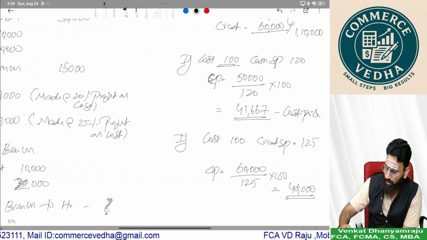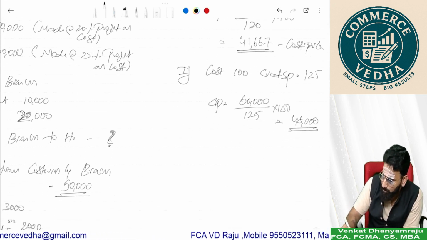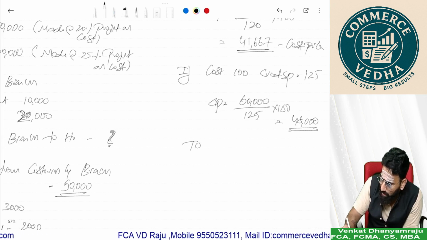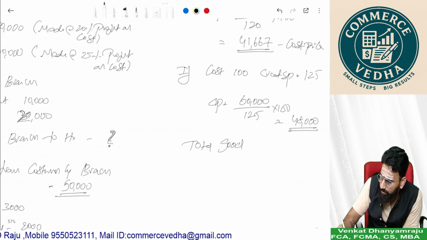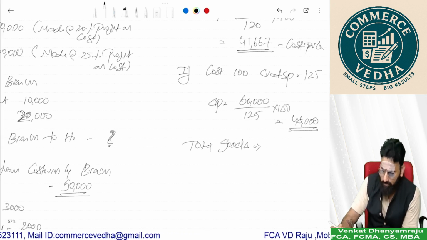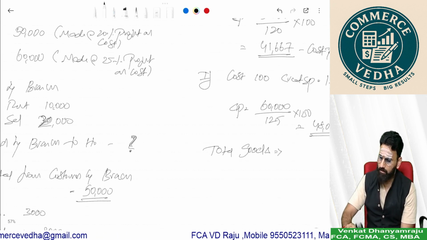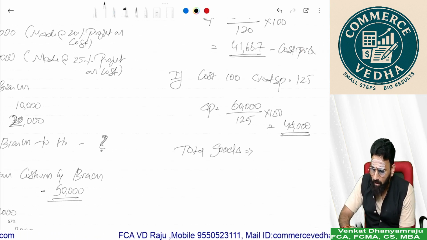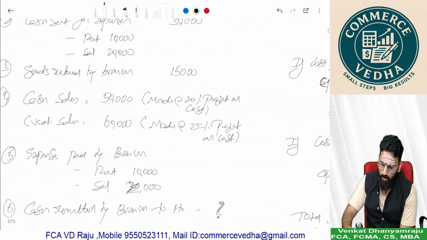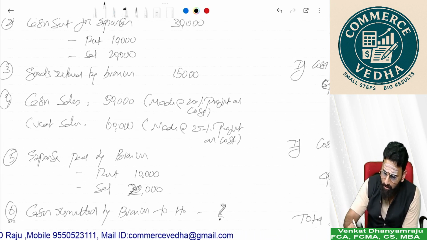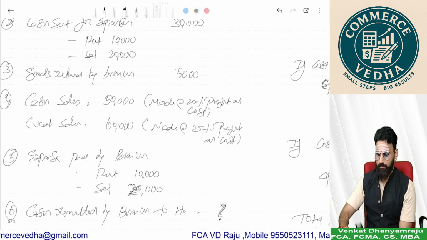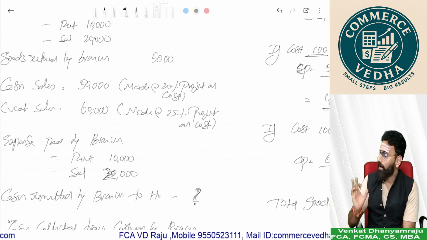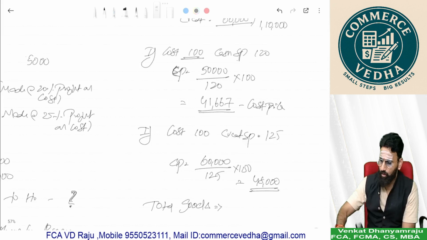What you can do here is total goods, a small correction needed here. I am changing the goods returned to 5,000 only. Otherwise, there is a total mistake. Right.